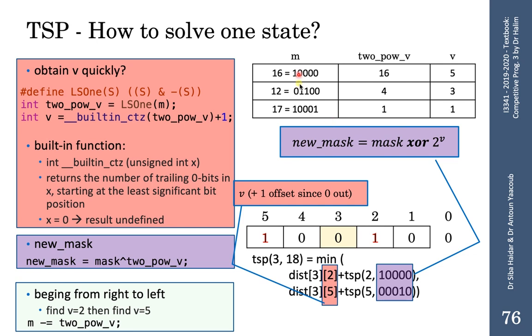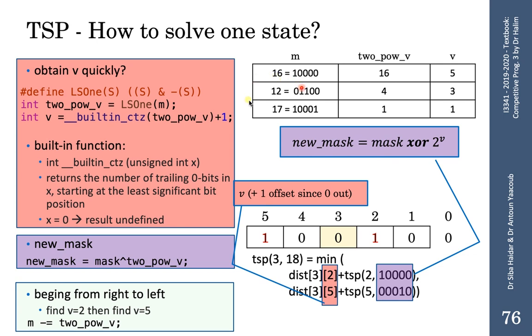Example of 2 to the power V and V using these 3 lines of code. Suppose the mask is 10000, so 2 to the power V will be itself, okay, and V will be, after 0000, 4 zeros, plus 1.